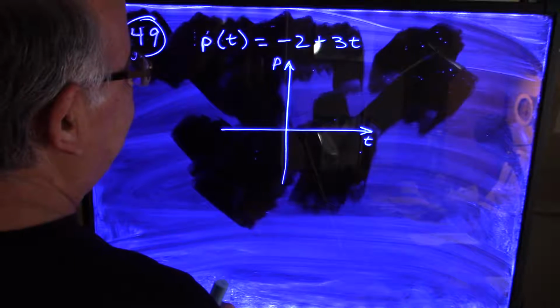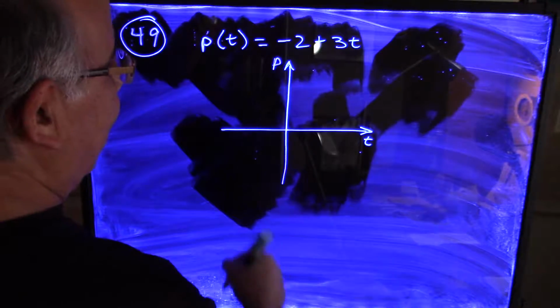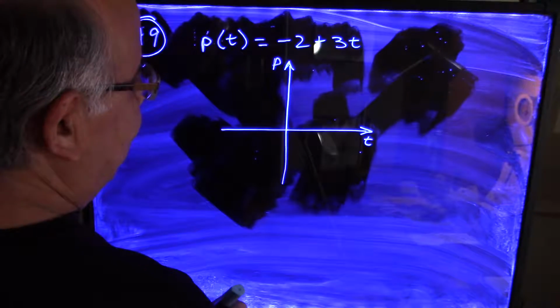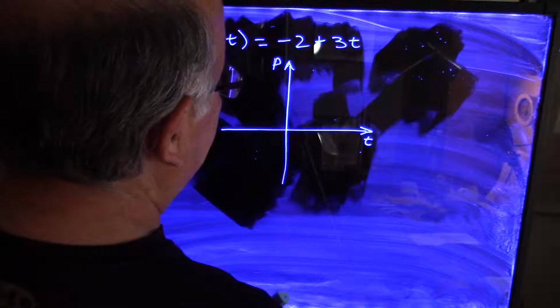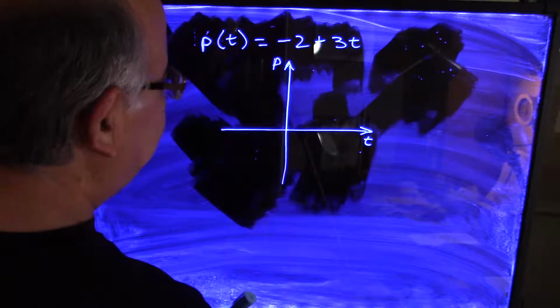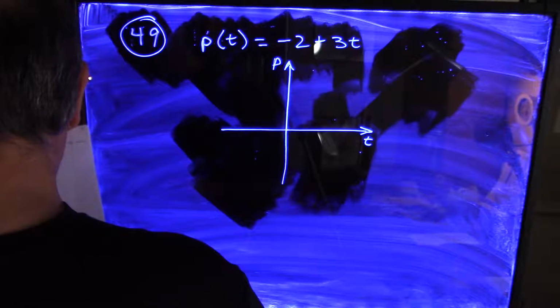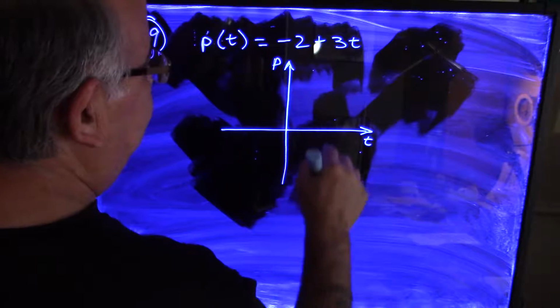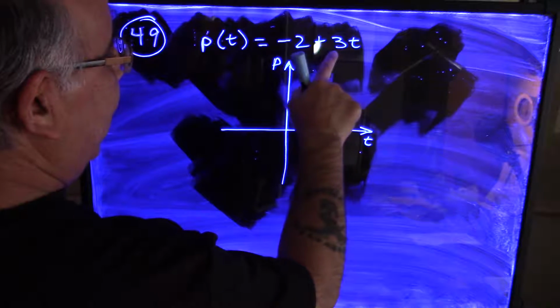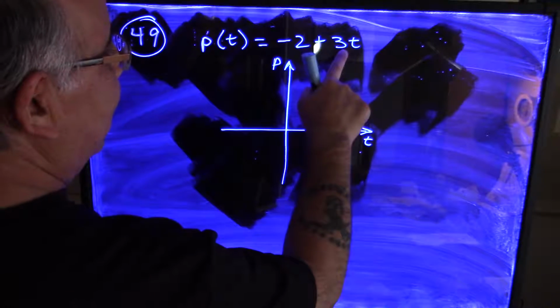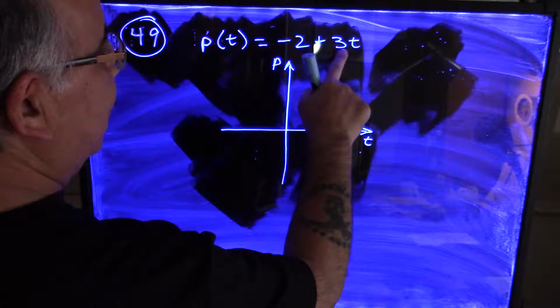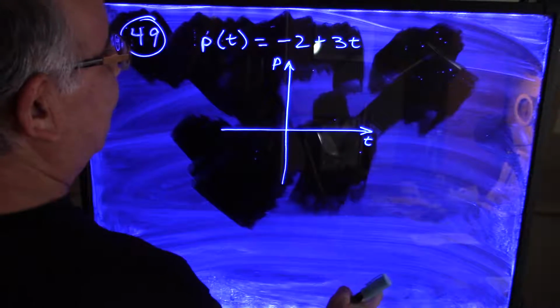So p or p of t, or you can call that y, as long as you understand that y equals p of t. Now even though it's not quite in slope-intercept form, you can easily see what the slope is. y equals mx plus b, right?